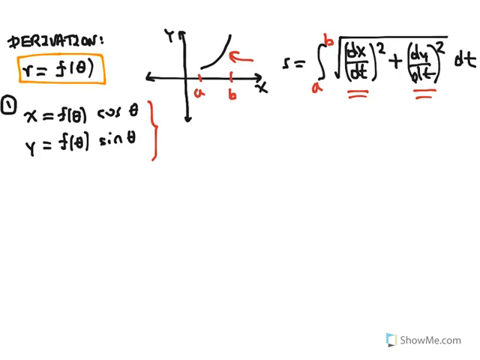The only difference is if you have the polar equation, this would be the pole, this would be the polar axis, but you would have the same curve, and it would be described by this polar equation from theta is equal to alpha, giving you the first endpoint, to theta is equal to beta, giving you the second endpoint. So the limits of integration will be from alpha to beta. Or you can just have a and b as well. That's perfectly fine.